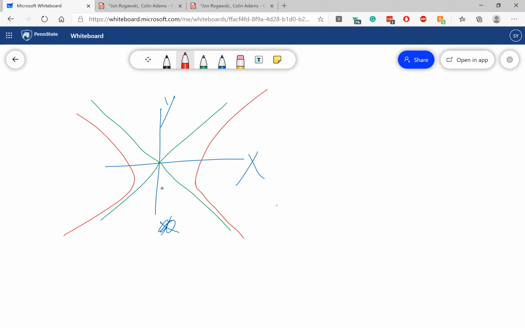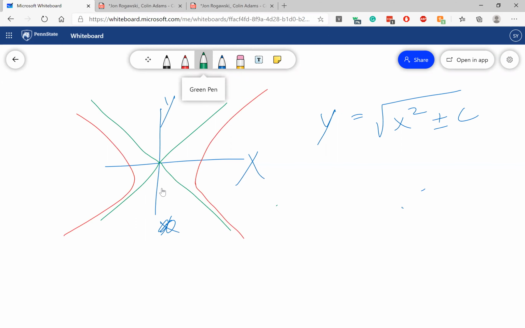And again, this comes about when, let's say you have something like y squared is equal to x squared plus or minus some constant c. Now, if we got rid of this c, we would just have y is equal to x, and those would be these lines over here.